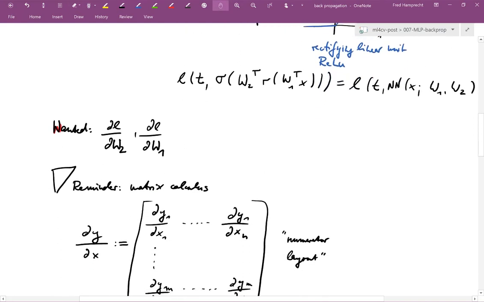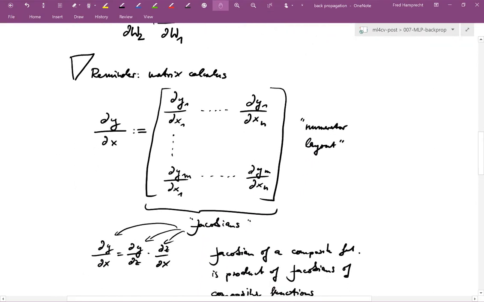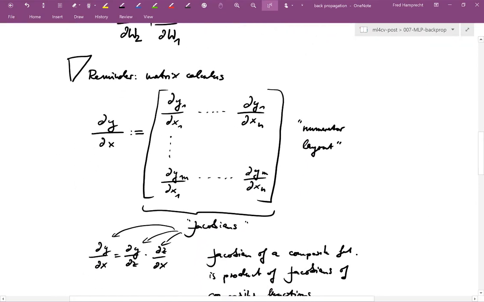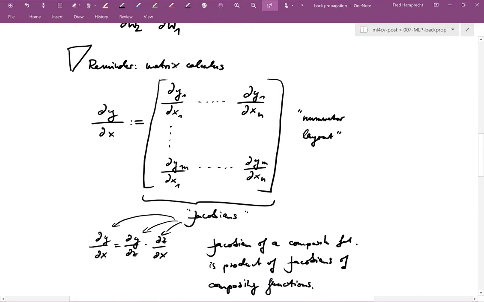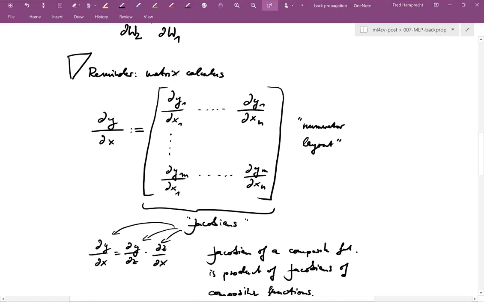Okay, so brief reminder of chain rule, especially when we're working with vectors and matrices. If both y and x are vectors, then it makes sense to use the so-called numerator layout. So if my numerator has m entries, then I will have m rows.